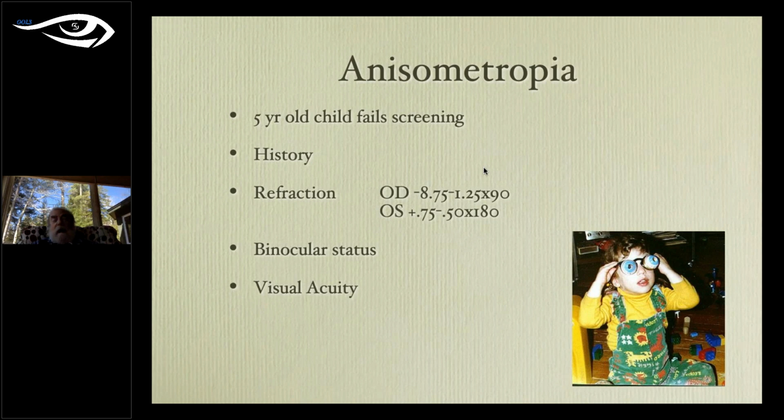So how do you get a kid with high myopia in one eye and nothing in the other eye? Is there a gene for the right eye for high myopia and no gene for the left eye for myopia? Well, I think we recognize that that's not possible. So something must have gone wrong.